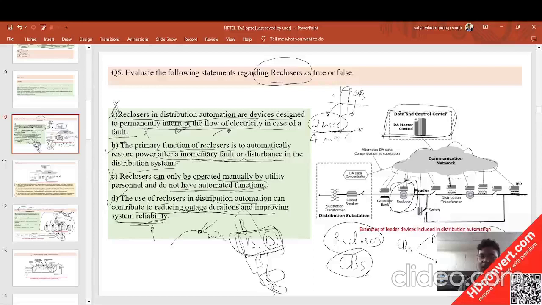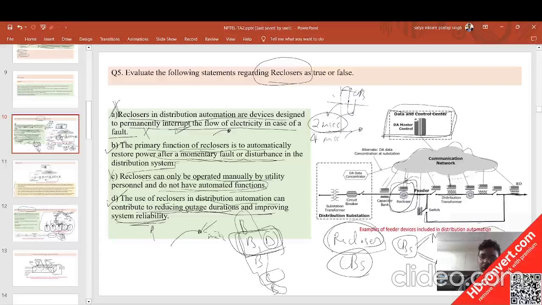Automatic in the sense that if it is turned off by checking the nominal current, then it will turn on again by itself after sensing that the current has come back to less than nominal current, or less than a certain factor of the nominal current. So these are CBs, which are either manual or automatic.